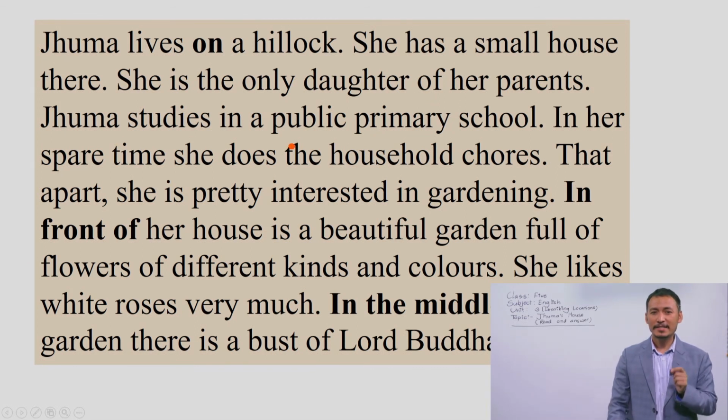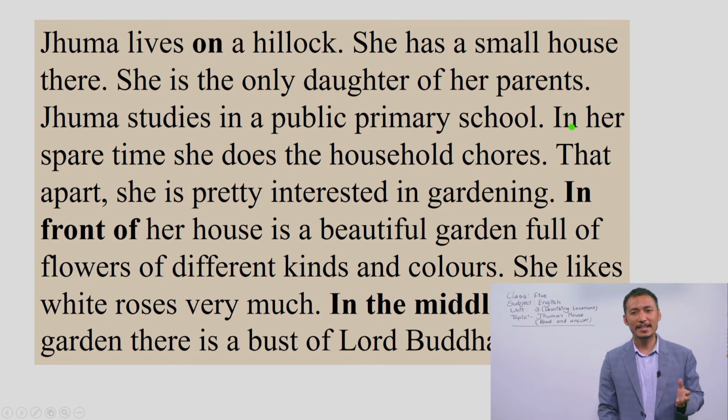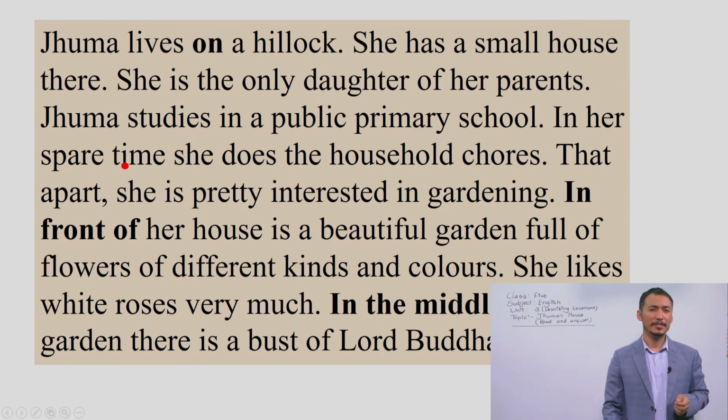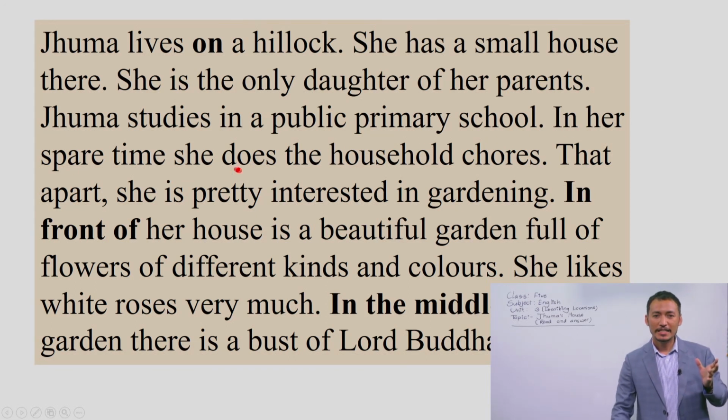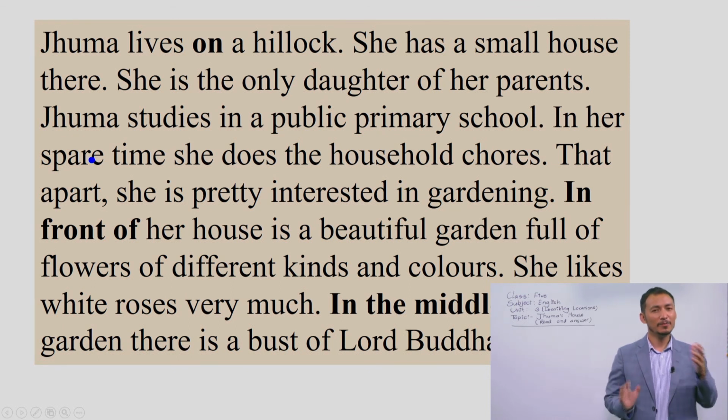Okay, Zuma studies in a public primary school. Where does she study? In a public primary school, like you. Yes. In her spare time. Spare time means the time which is free, when we don't have any works. For example, let me explain to you.